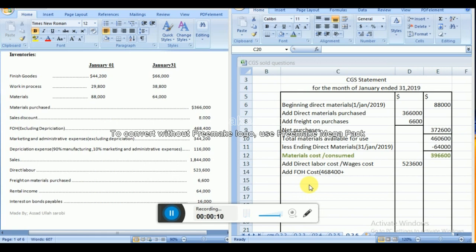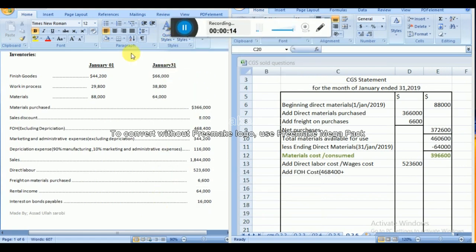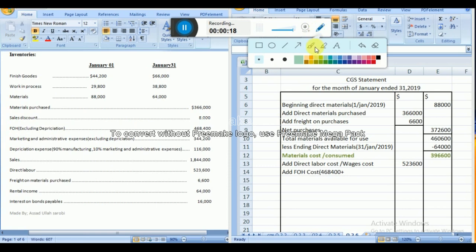So look at in the question the factory overhead that is given, which is how much? That is 4,68,400. So look at, I write here the 4,68,400.